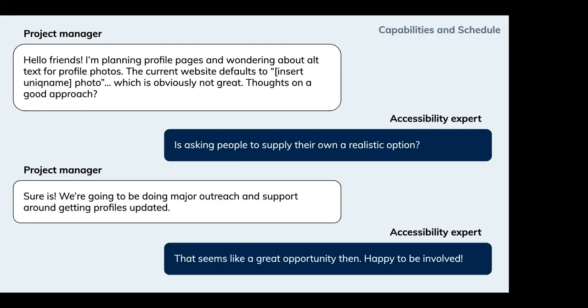So our accessibility expert wondered if it would be possible if people could supply their own alternative text to their own profile photo. And as it turns out, that is possible because the project manager in planning is going to be having some upcoming outreach to support getting profiles updated for the new website.